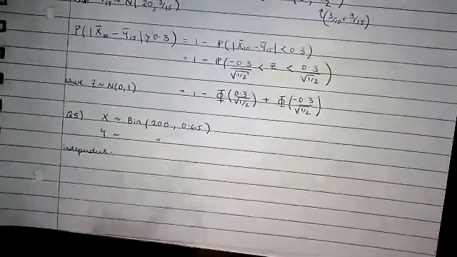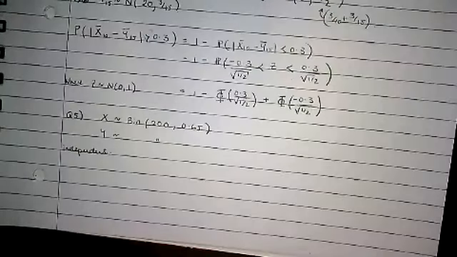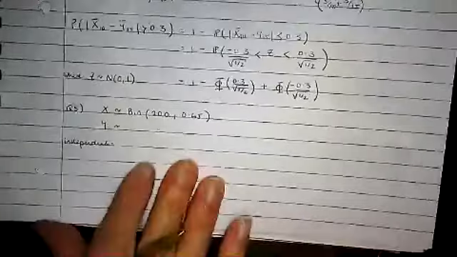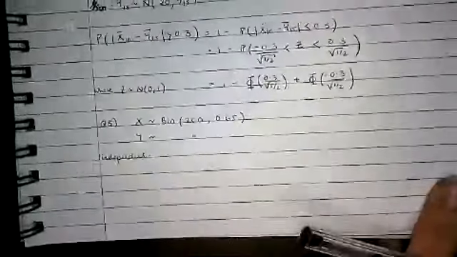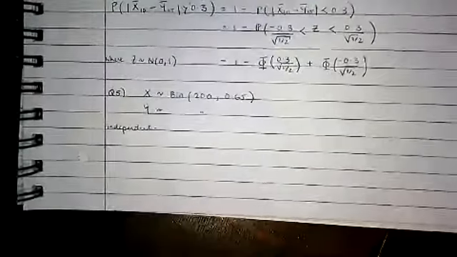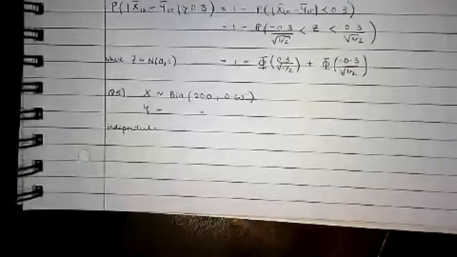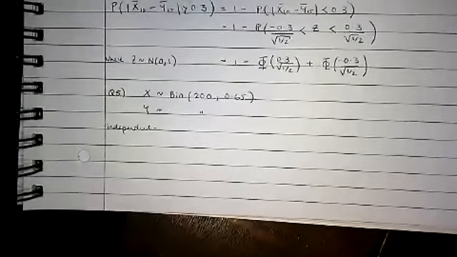Now, I'd like to be able to approximate these binomial distributions with the normal distribution, because that would just make my life so much easier when it comes to calculating. Nobody wants to calculate anything to do with the binomial distribution with 200 people in it.